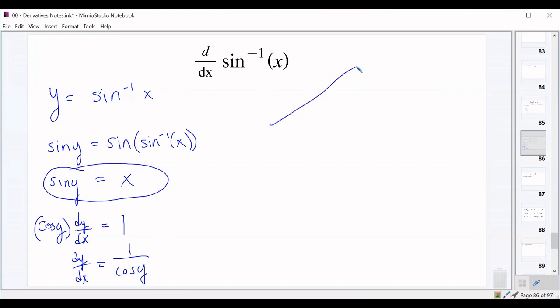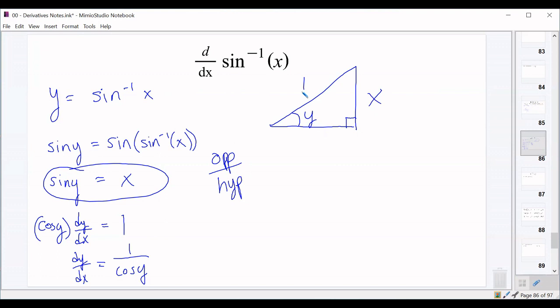So we'll draw a right triangle, label an angle, the non-right angle, as y. And since the sine of y is equal to opposite over hypotenuse, that gives us the opposite leg is x, and the hypotenuse is 1.